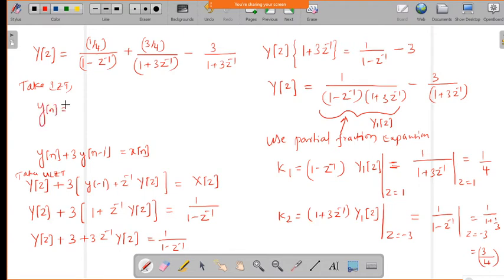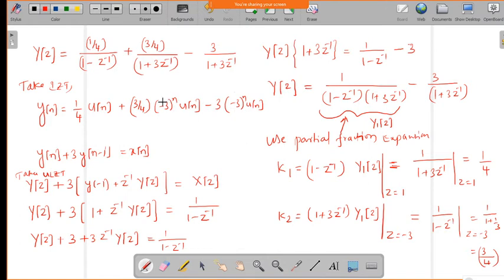Okay, so what is y of n? Here it is 1 by 4 into u of n plus 3 by 4 into minus 3 power n into u of n minus 3 into minus 3 power n into u of n.